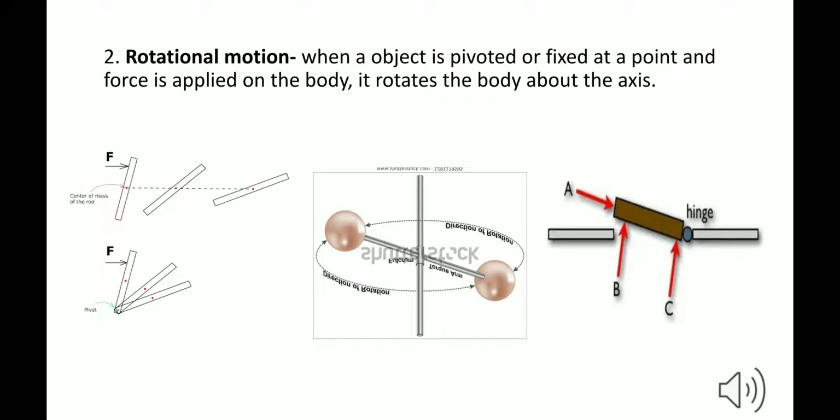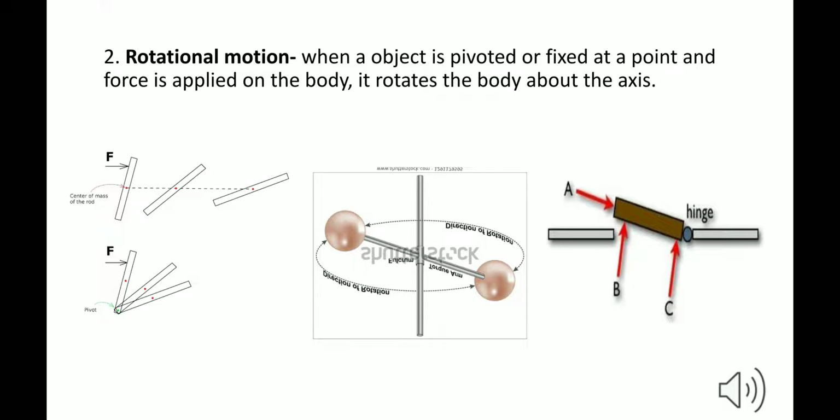As in the examples you can see, in the first one, the force is applied and you can see how the body is rotating around the fixed axis. In the second figure, you can see it is fixed from the center and the force has been applied and it is going in circular manner.